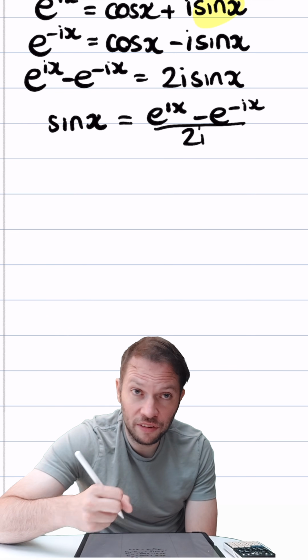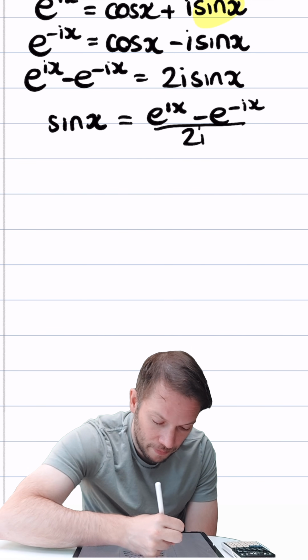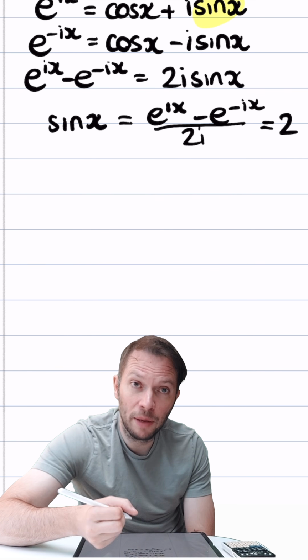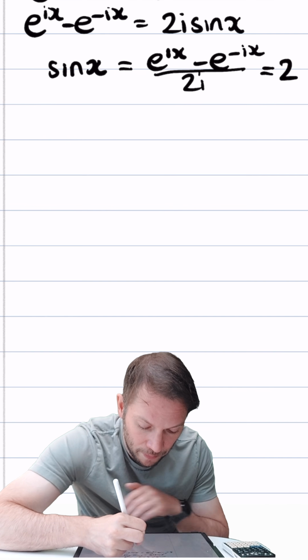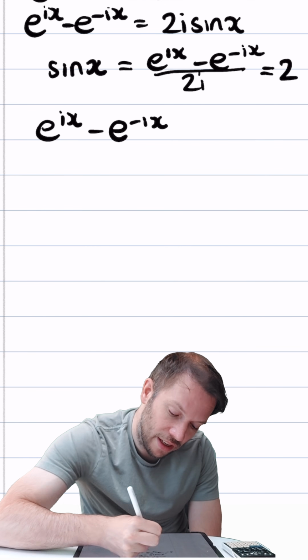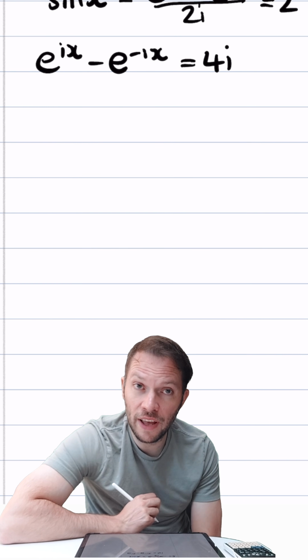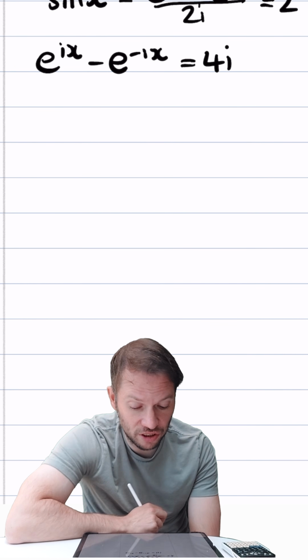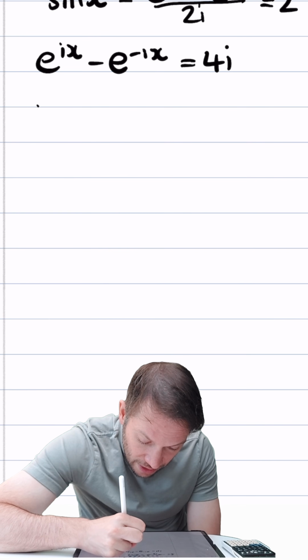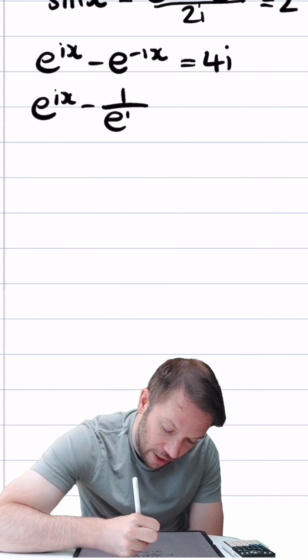Now we said we're solving sine of x equal to 2, so this is equal to 2. And if we just multiply both sides of that equation by 2i, we get e to the ix minus e to the minus ix is equal to 4i. So we're trying to find the value of x here to solve the original equation. Now we could write the e to the minus ix as 1 over e to the ix.